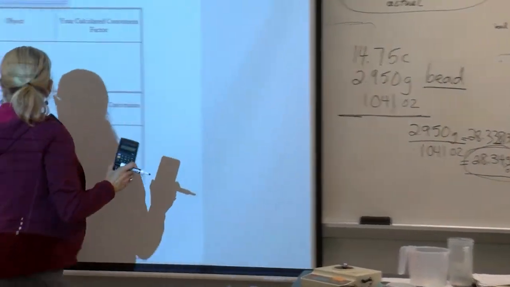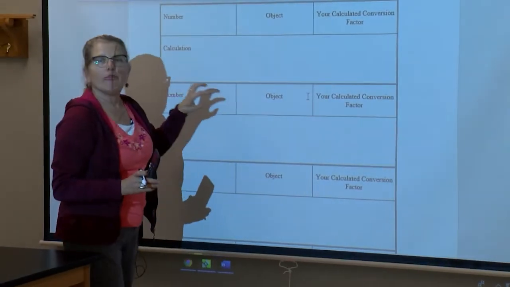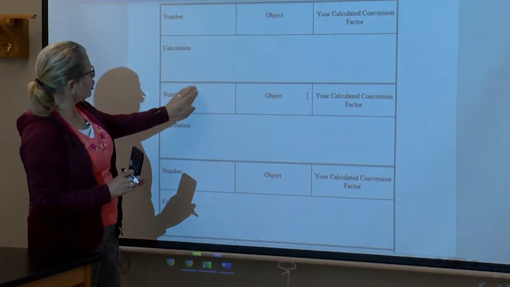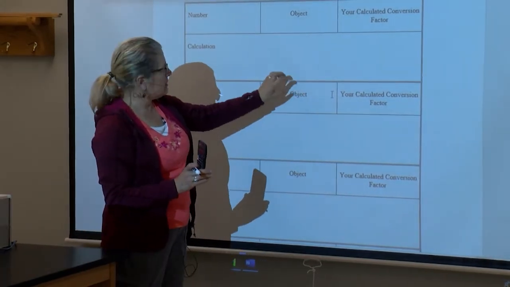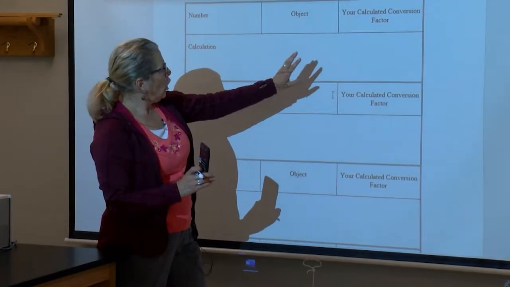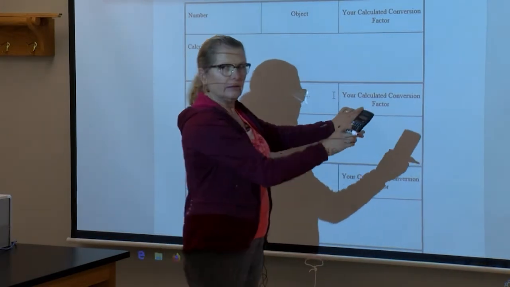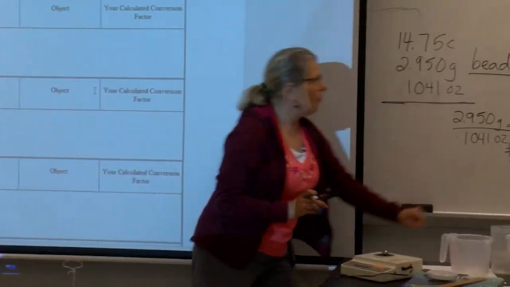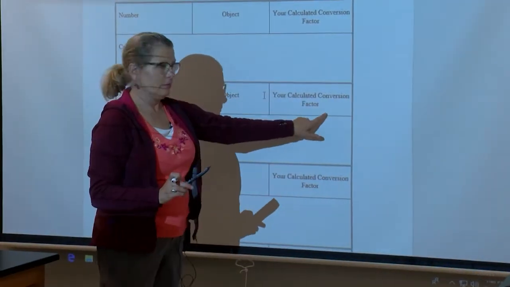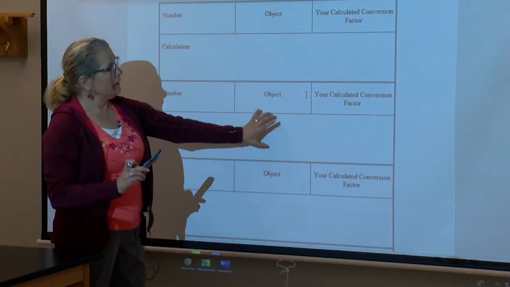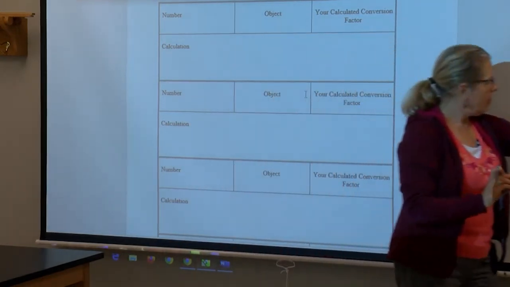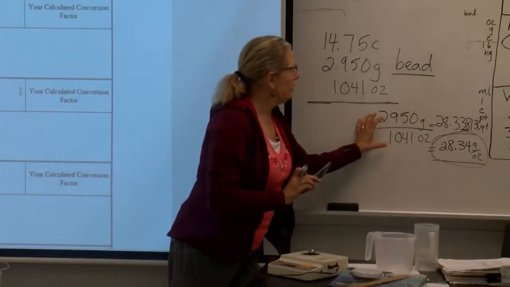We go back to the data table. The number we were trying to match, 28.3. The object was the bead. What you calculated is the 28.34 grams per ounce, and your calculation is going to be this right here.